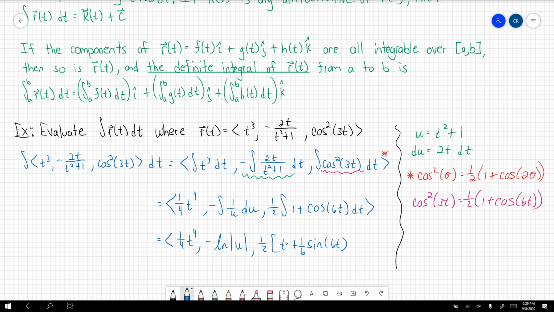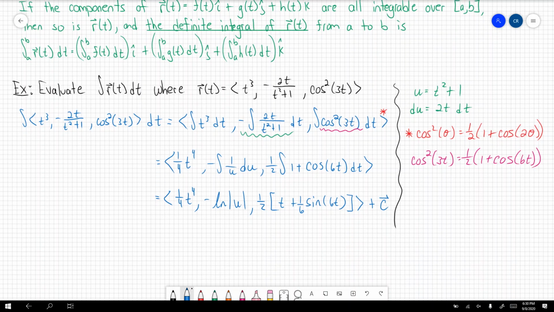So we get t plus 1 over 6 sine of 6t, and there's my integral. Now, we have to be very careful because we still have a constant of integration. And this constant of integration is a vector, so please make sure that we denote the constant of integration as a vector.